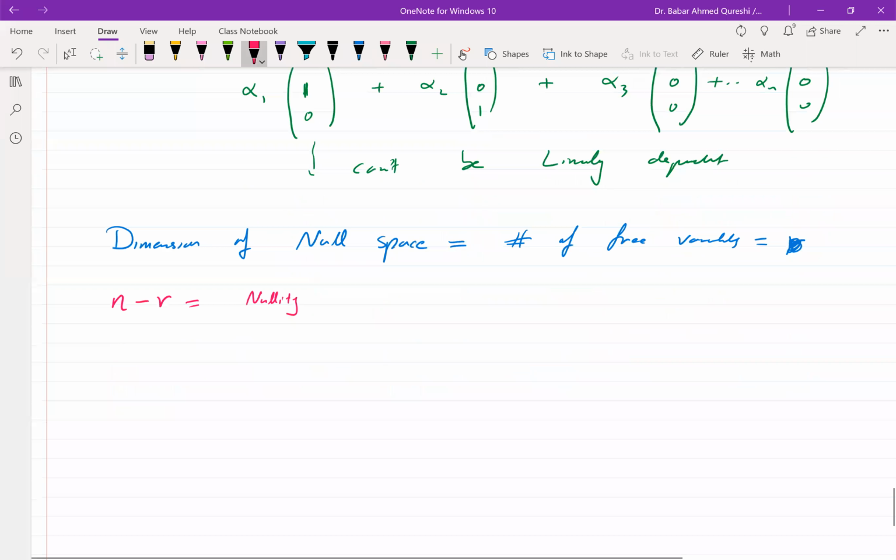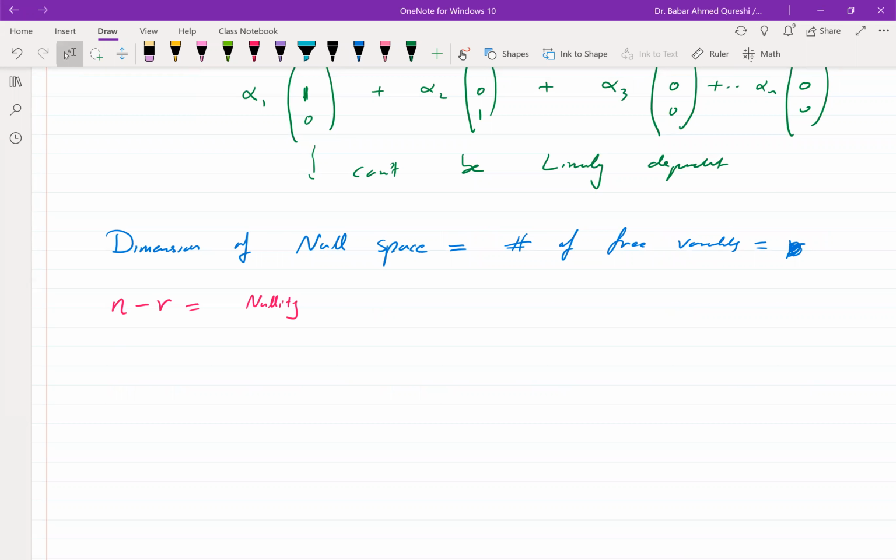But what is r? The lead variables, but it is equal to something else. Because the number of leading ones is equal to the number of non-zero rows, right?